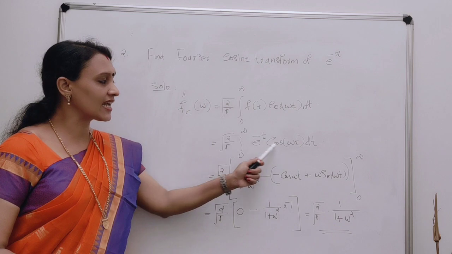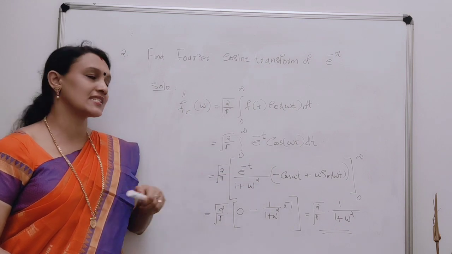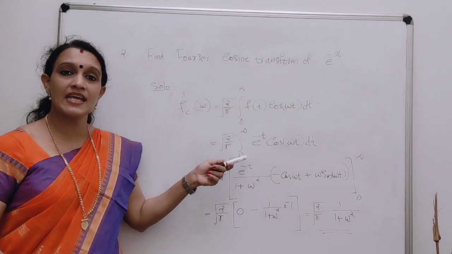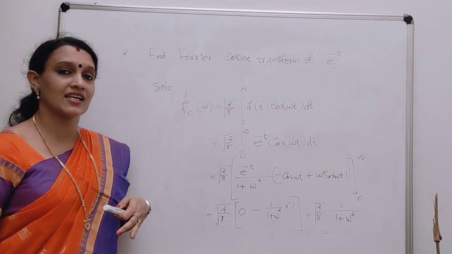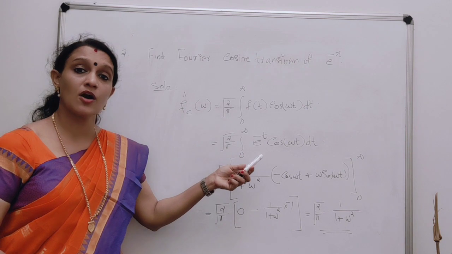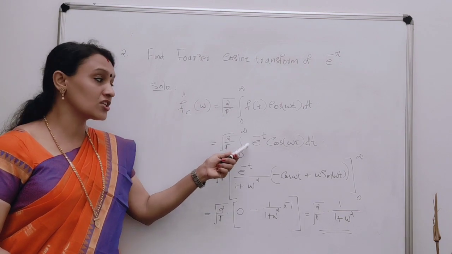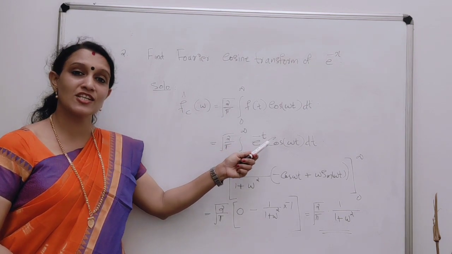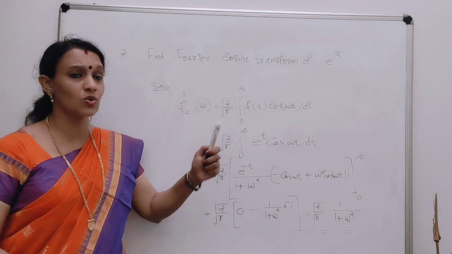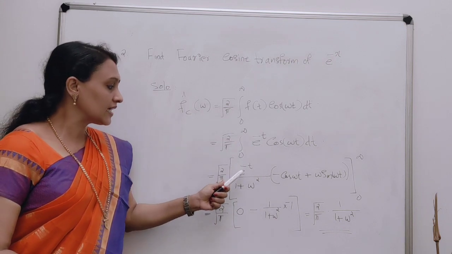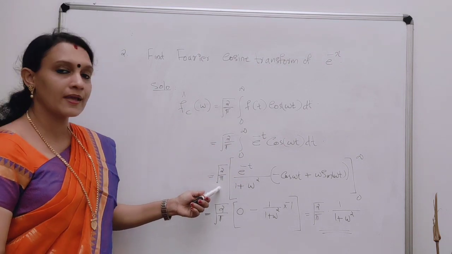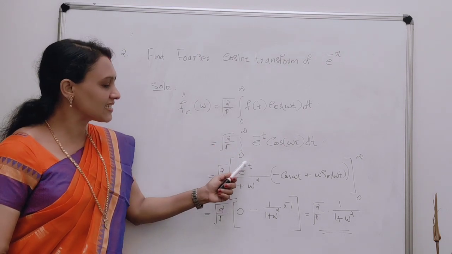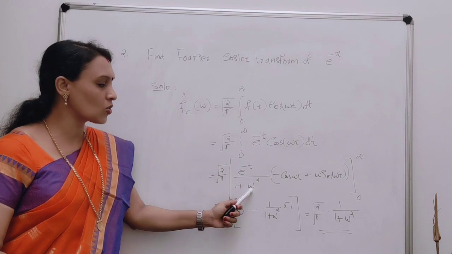Now how to integrate integrals of these types? I discussed it already in one of my videos on the easy integration method, so just go through that. There I discussed how to integrate functions of the form e raised to ax into cos bx. By that easy formula, we have root of 2 by pi e raised to minus t divided by 1 plus omega square.